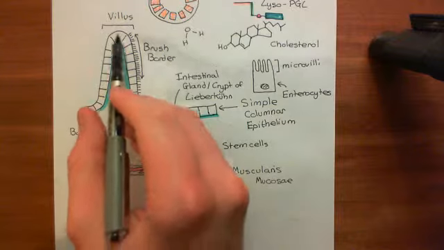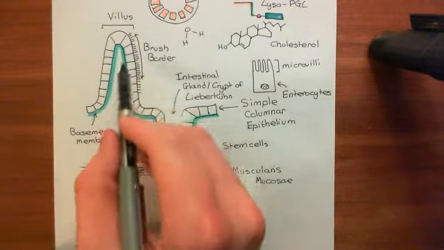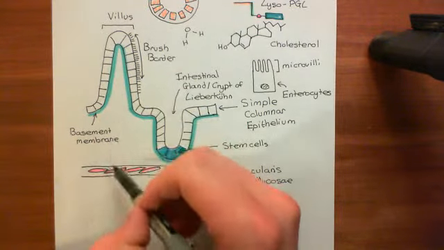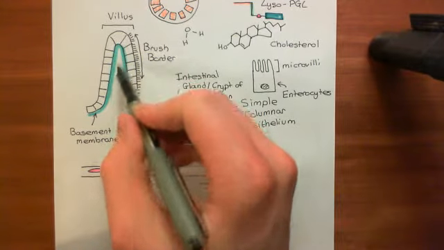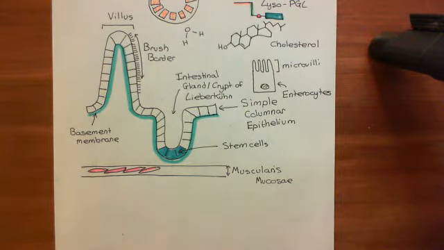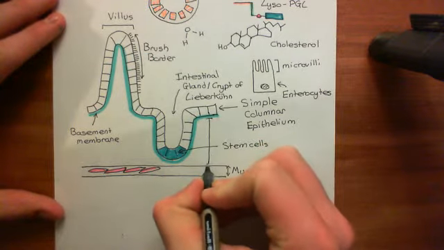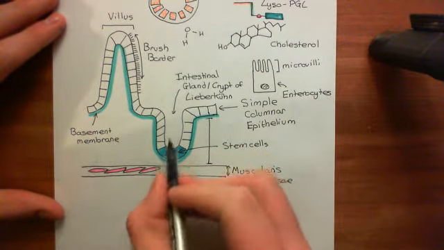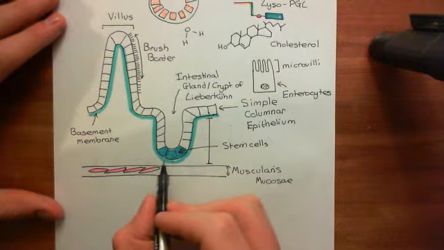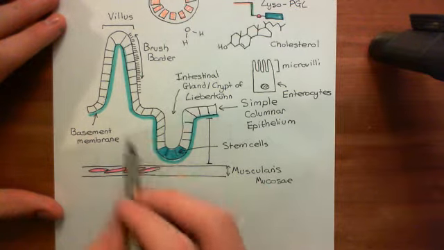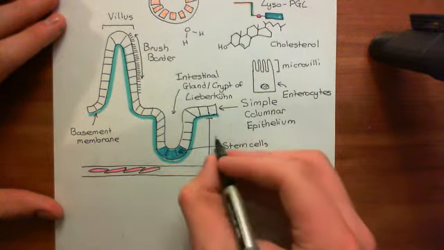Whereas if we're talking about a portion where we have an intestinal villus, the thickness of the lamina propria is hugely increased. So the lamina propria has differing thicknesses depending on whether we're looking at an intestinal villus or a crypt of Lieberkühn.